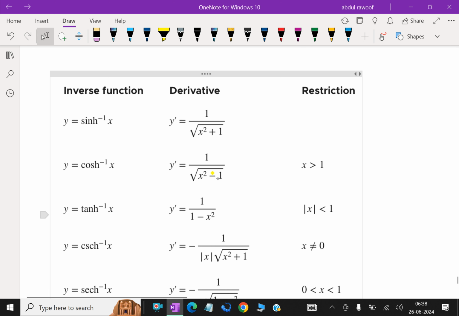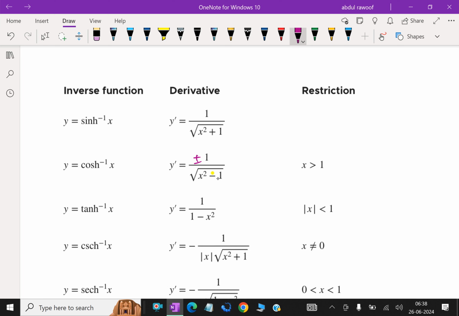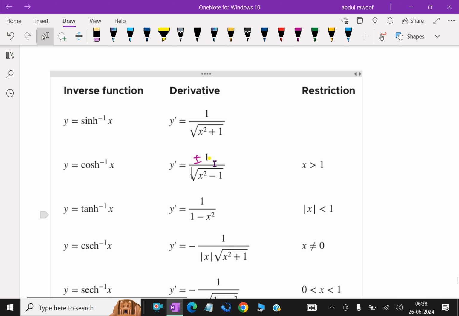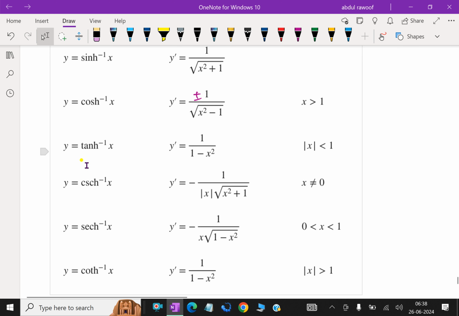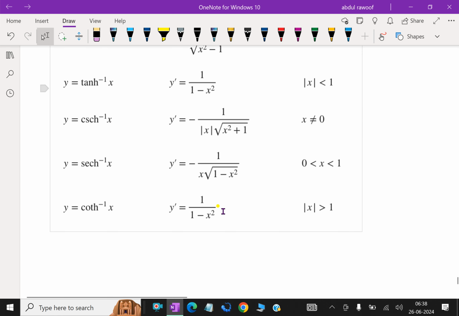The derivative of tanh inverse x is 1 over 1 minus x square. The derivative of cosech inverse x is minus 1 over absolute x times the square root of x square plus 1. These are the restrictions.